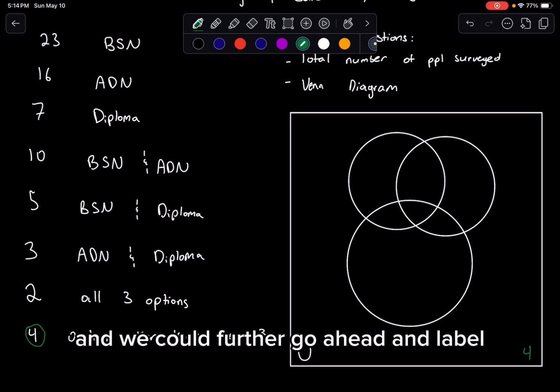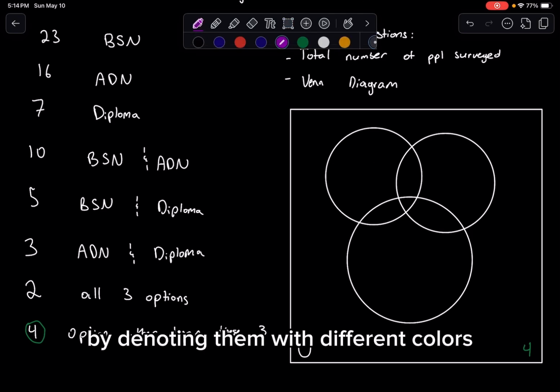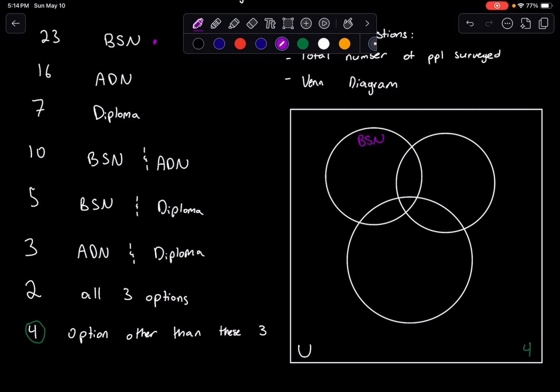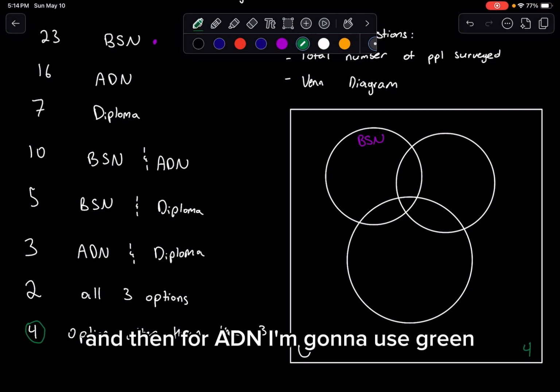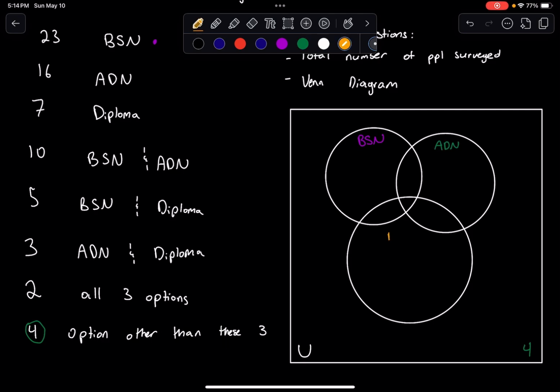And we could further go ahead and label these sets by denoting them with different colors. So for BSN, we can use purple. And then for ADN, I'm going to use green. And then for diploma, I'm going to use orange.